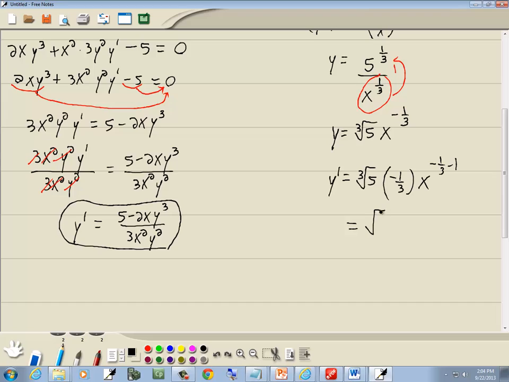So then we get the cube root of 5 times negative 1/3, and that's x to the negative 4/3. Well, I'm going to merge this all into a single fraction, so I'll put the negative cube root of 5 up on top, 3 goes down here, and this is x to the 4/3.